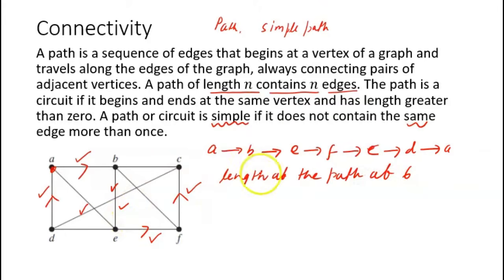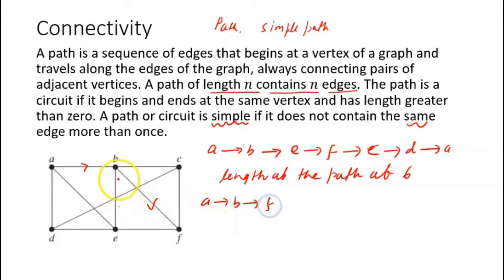Let me write another example so that you don't miss it, and before that, let me remove all these arrows here. Let us move through another path. Suppose I move from A to B, and this is the first edge that I covered. Then I move from B to F, the second edge.